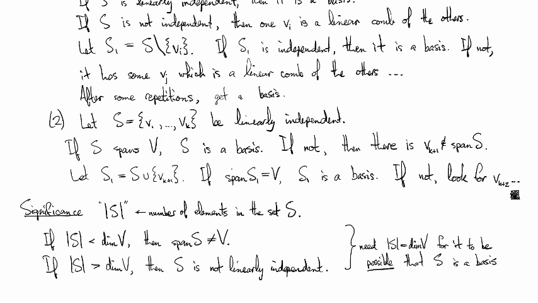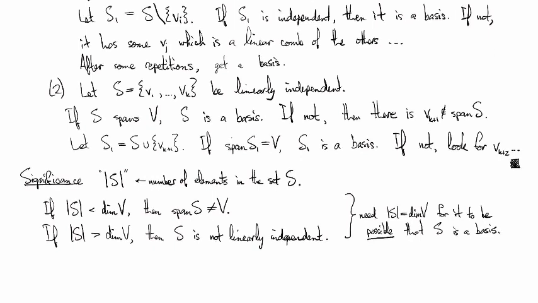Now, if the dimension is 6 and you have a set of 6 things, then that definitely doesn't mean you have a basis, because maybe you just have 6 scalar multiples of the same object, then it definitely wouldn't work, right? But in order for it to be possible that it's a basis, it has to have the dimension number of things, or it's not going to work.